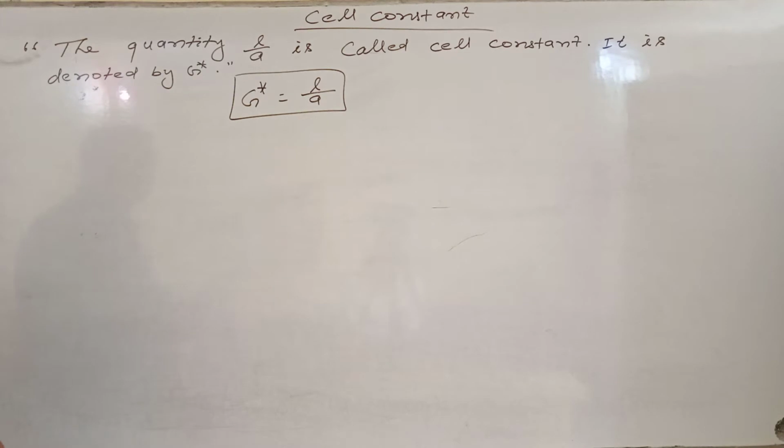But it is difficult to calculate the value of G star on the basis of L by A. So here we write the cell constant.